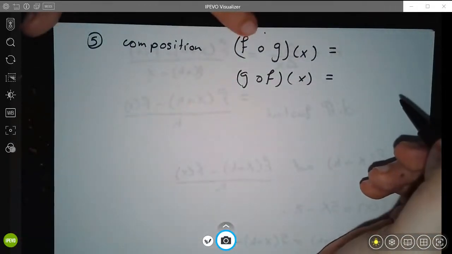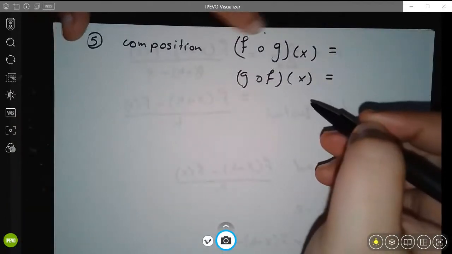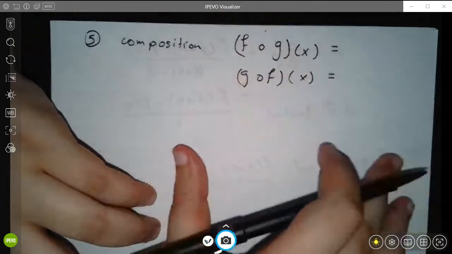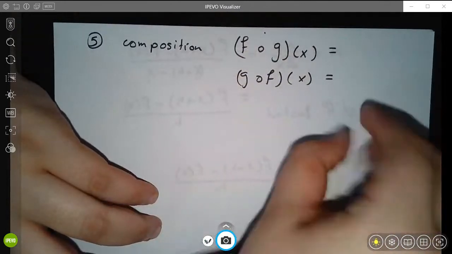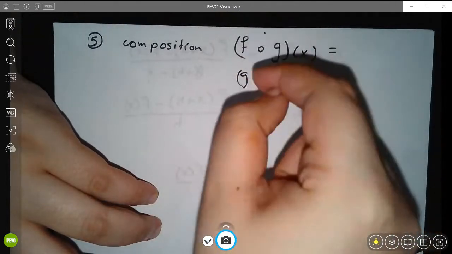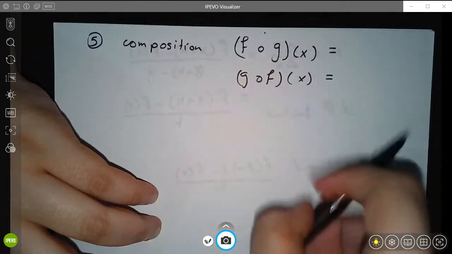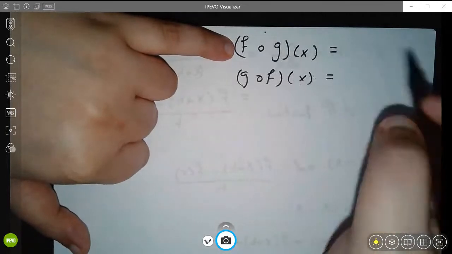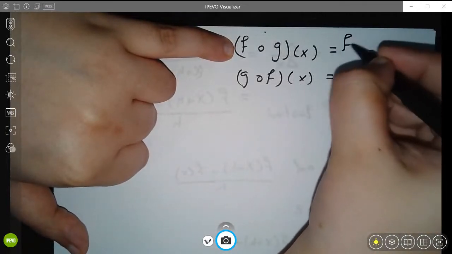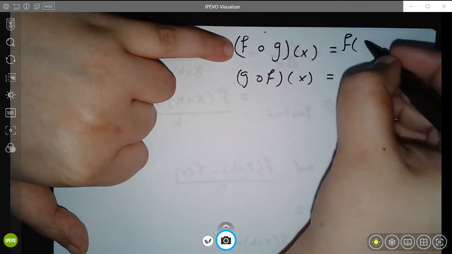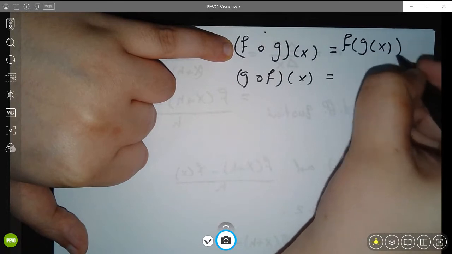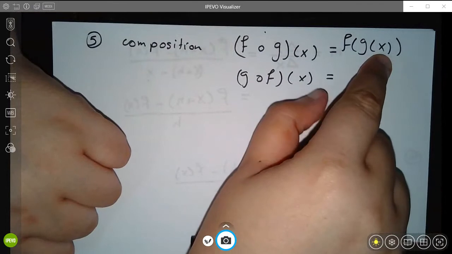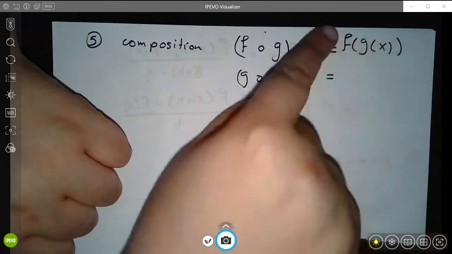Now, the one that comes first goes on the outside. The one that comes second goes on the inside. Because the idea of composition is that you're plugging in one function into the other one. Yes? So I'm saying the composition of f and g, that means that I want you to write f of g of x. That means you're going to grab the second function, which is g of x, and plug it into f of x.